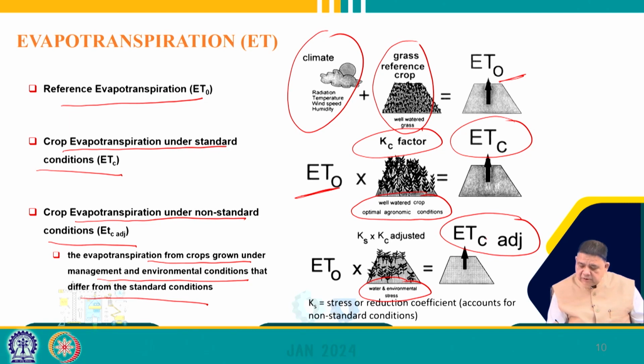Of course, we have to use Kc adjusted, and also Ks, which is referred to as the stress or reduction coefficient, which accounts for non-standard conditions. So, obviously, if we multiply ET0 with Ks and Kc, then we will get the actual or adjusted crop evapotranspiration, which is for crops going under water and environmental stress.